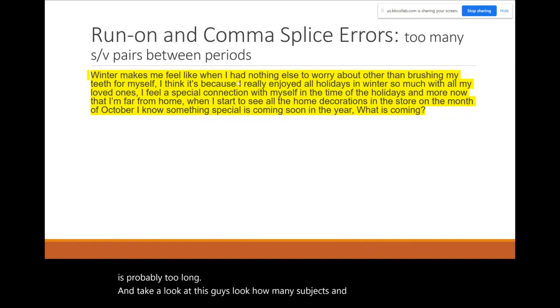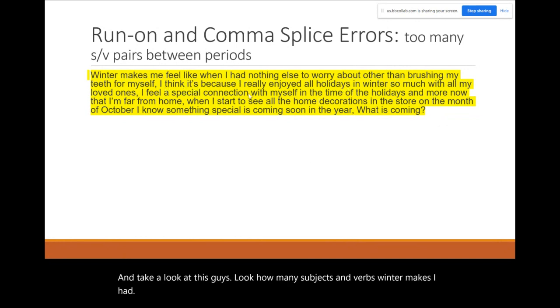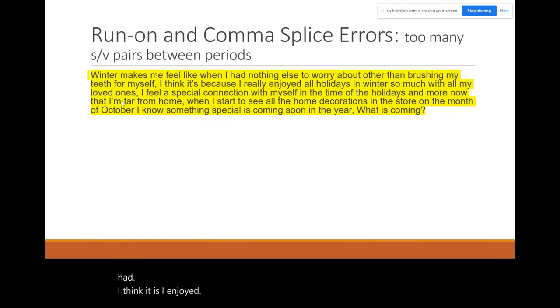Winter makes, I had, I think, it is, I enjoyed, I feel, I'm far from home, I start, I know. All of this in one sentence is too much, okay? So again, it's just to kind of help us see what we need to try to do when we're writing.